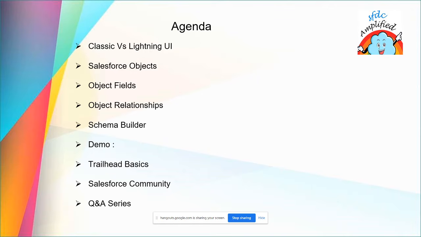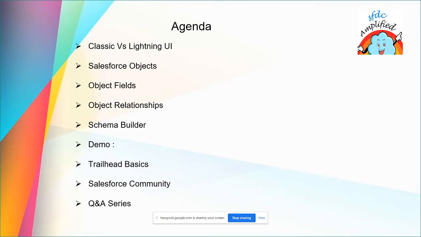The next things will be objects, then fields, relationships between the objects, Schema Builder, and the demo. I'll be sharing the link for the Trailhead modules as well, and at the end we'll share a few details on where you can ask questions in our Salesforce community. Then we'll have a question and answer series, so you can ask your questions at the end of the session.